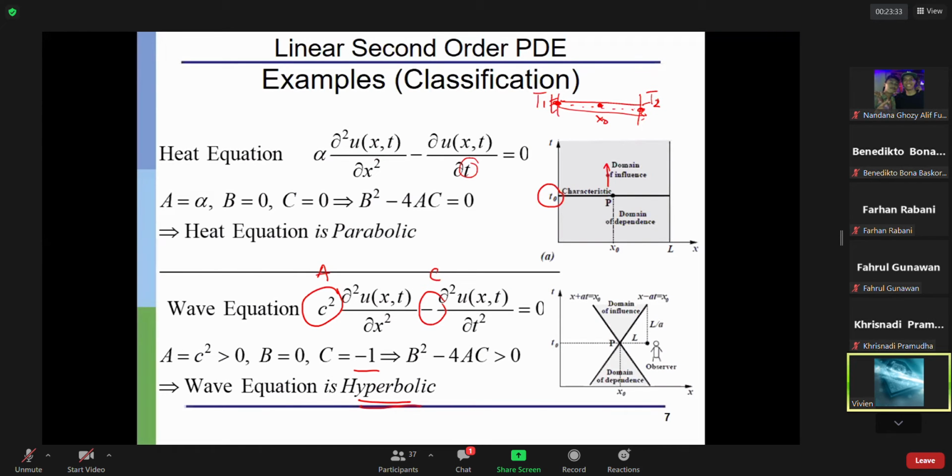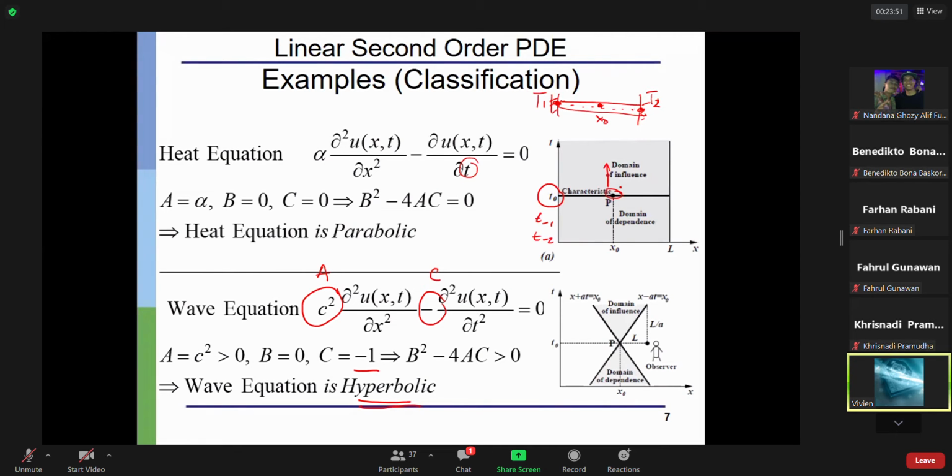What is calculated before, for example at t minus 1, t minus 2, will not be affected by the disturbance that we give. So this area will not be affected by the disturbance that we give.